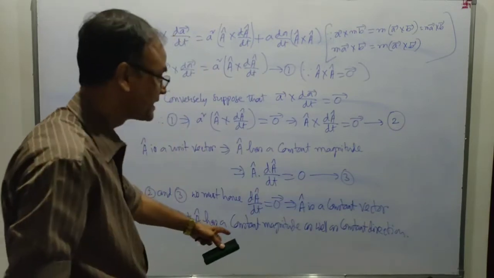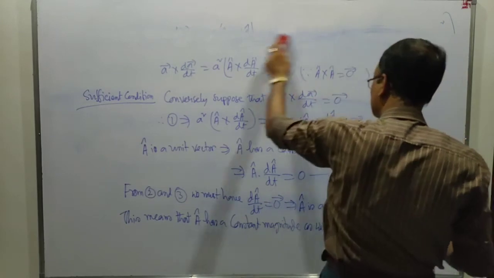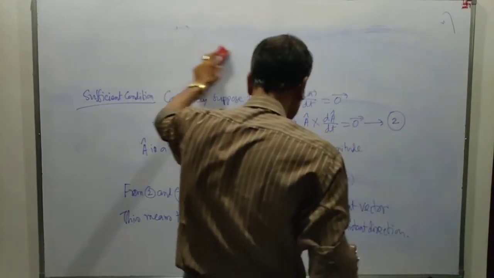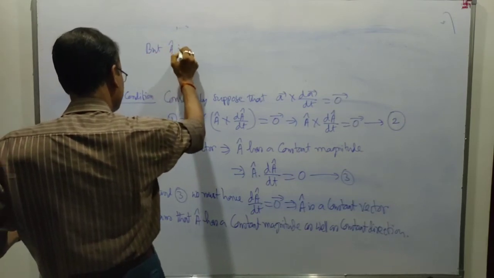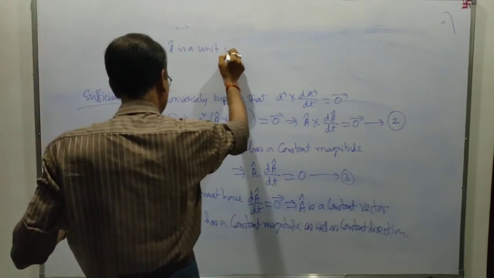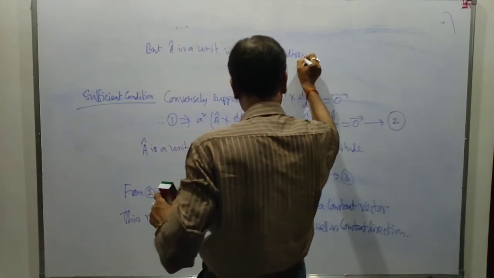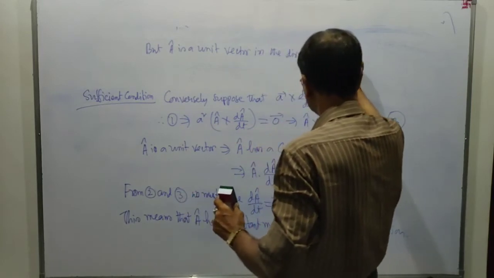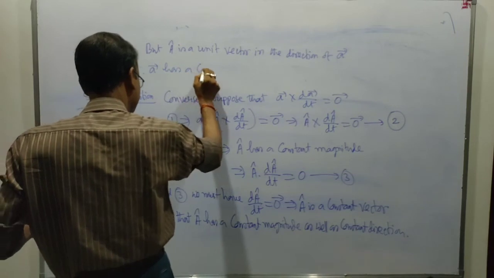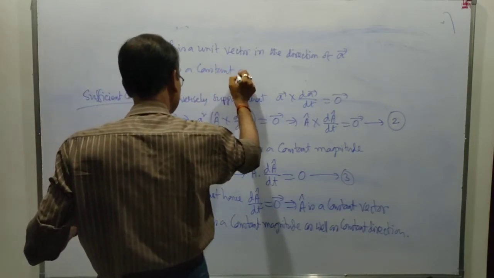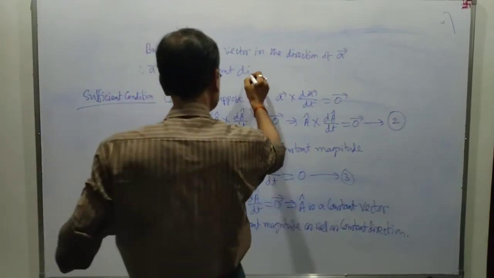But a cap is a unit vector in the direction of a vector. Therefore, a vector has a constant direction.